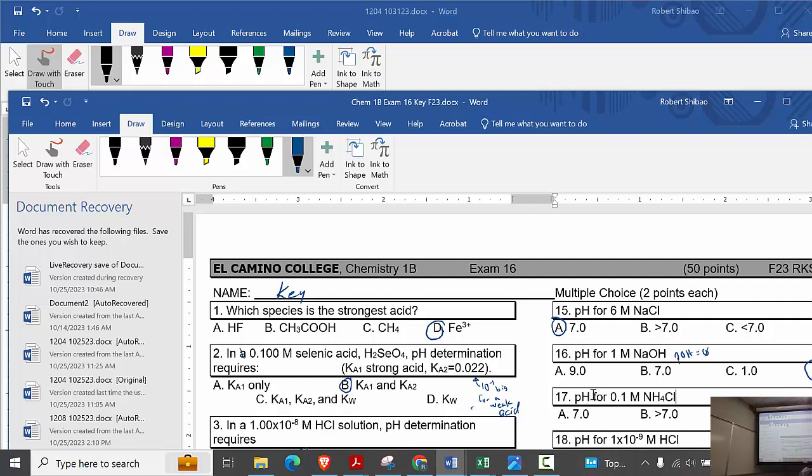Number 17, I put C, and the Scantron says that the correct answer is B. You put C and the Scantron says B? Yeah. Okay. Number 17.